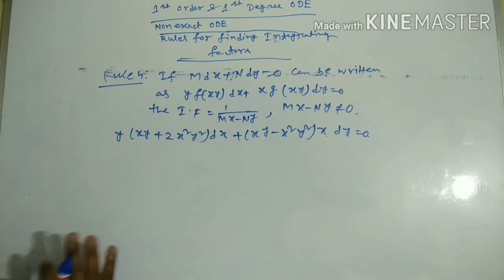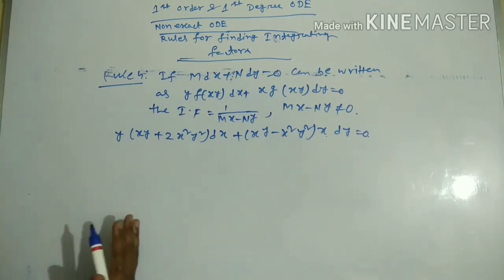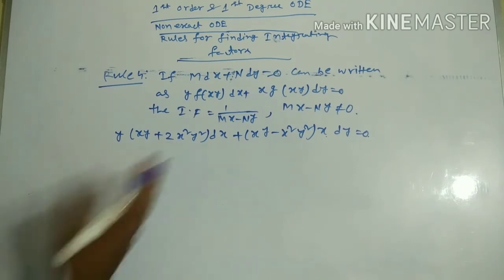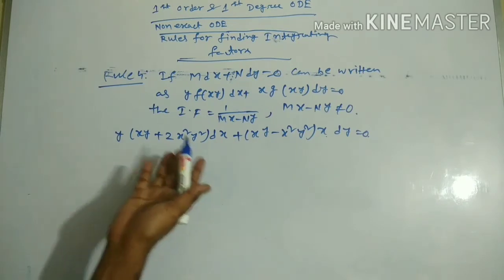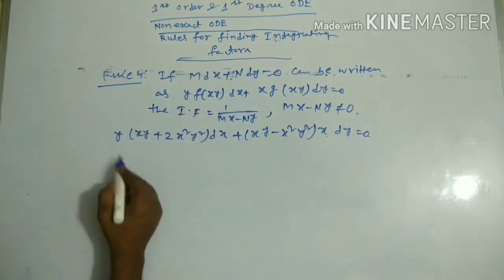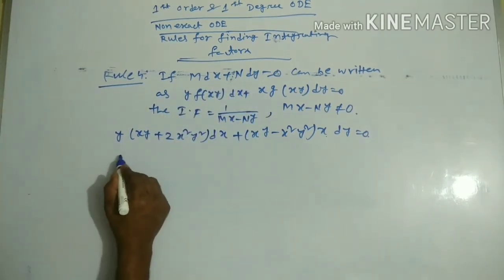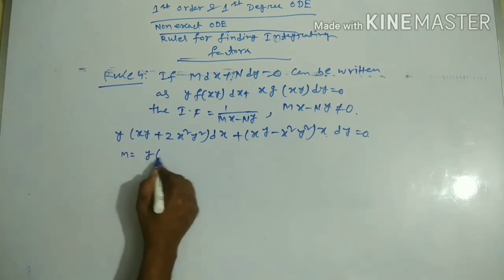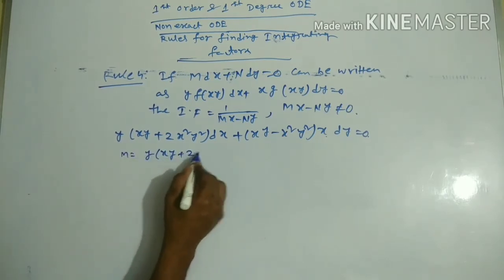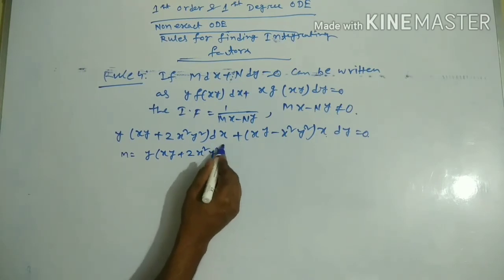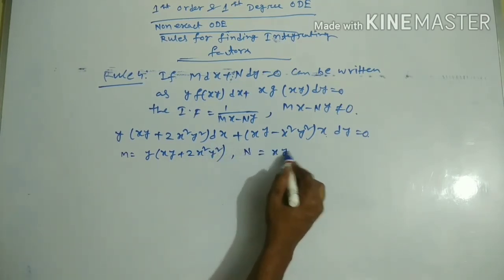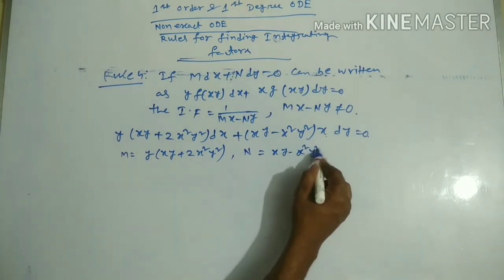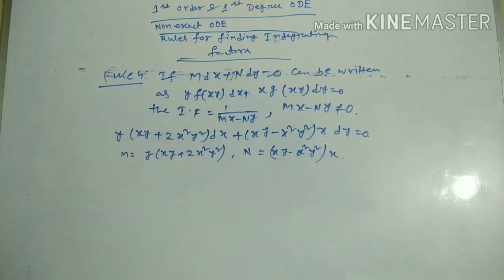Okay, if this is non-exact, obviously. So first we check whether this is exact or non-exact. If this is non-exact, then we will apply rule number 4 because this ODE is already given in this form. Okay, so M equal to y into (xy plus 2x square y square) and N equal to (xy minus x square y square) into x.